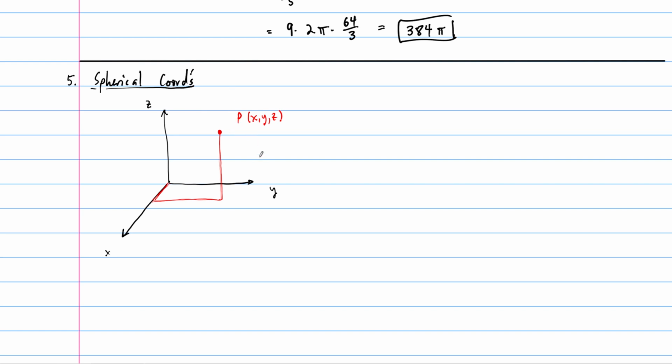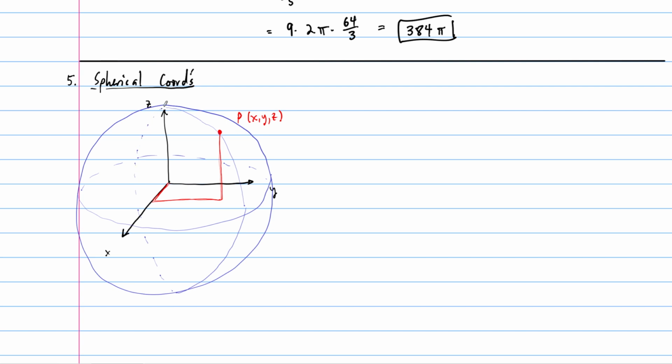So now the idea is that instead of lying on the corner of the box, like we've talked about, we want to think of this as lying on a sphere that's centered at the origin. So this is, in many ways, more of a generalization of polar coordinates than the cylindrical coordinates are. So this sphere, this is the idea, right? That point is going to lie on the surface of the sphere here.